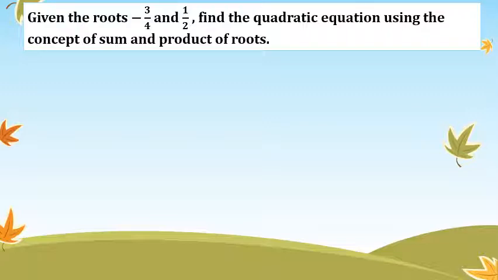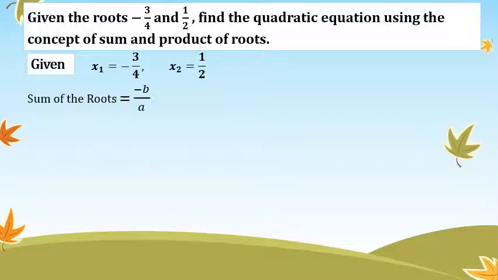Another problem, given the roots negative 3/4 and 1/2. Find the quadratic equation using the concept of sum and product of the roots. Given x of 1 equals negative 3/4. X of 2 equals 1/2.